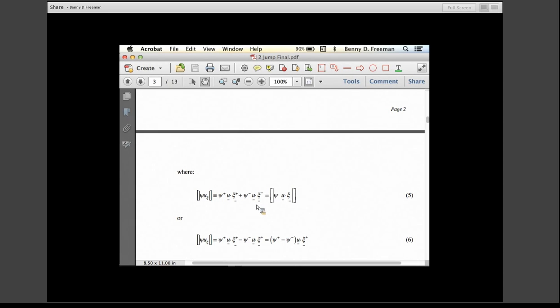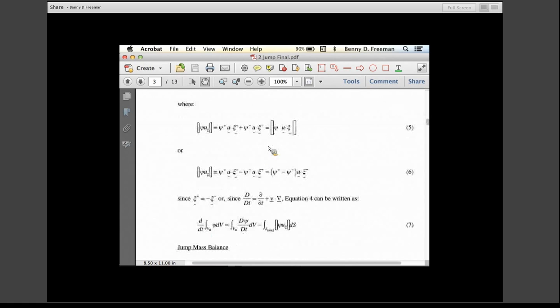And another way of writing it, recognizing that xi plus is equal to minus xi minus, these are unit normals that point in opposite directions, we can write it in terms of one of those unit normals, in this case the one pointing into the gas phase. So this is simply an arbitrary way of writing this term so that we don't continue to carry around all of this baggage with us through the rest of the equations.